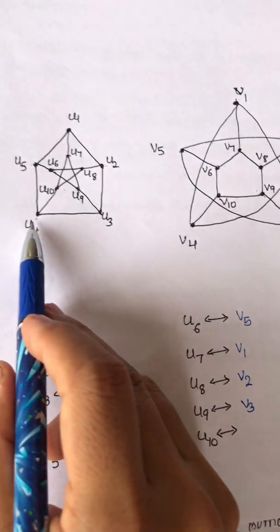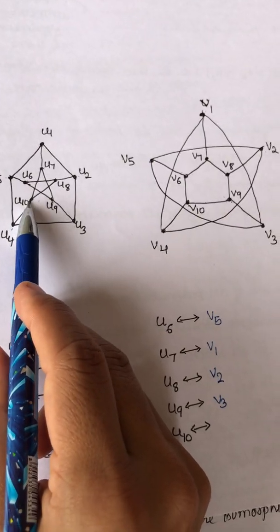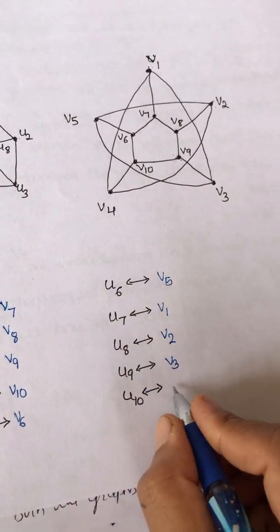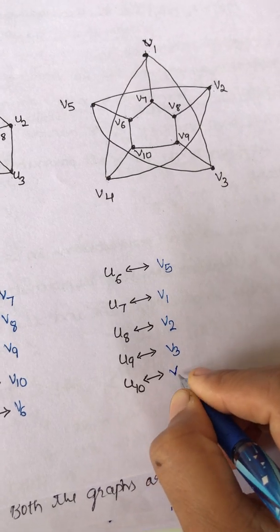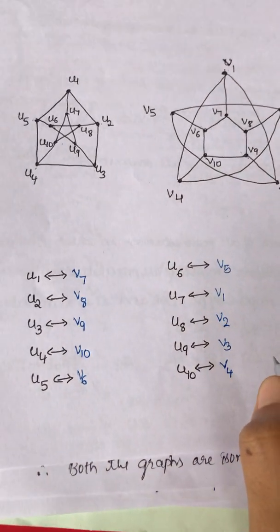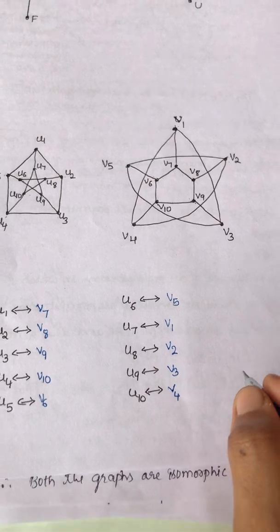And then U10 is V4. Okay, so this is the mapping between the vertices.